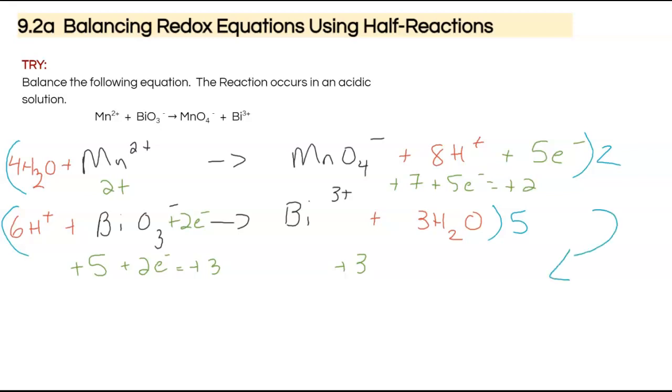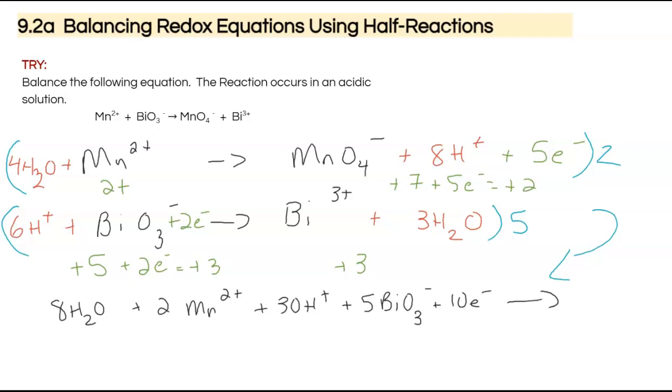Watch me rewrite those 2 equations down below. I will have 8 waters plus 2 manganese ions plus 30 hydrogen ions plus 5 BiO3- plus 10 electrons is going to give me, I'm going to write the rest on the next line here.